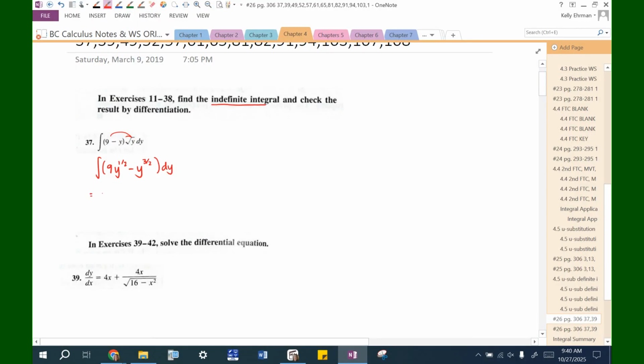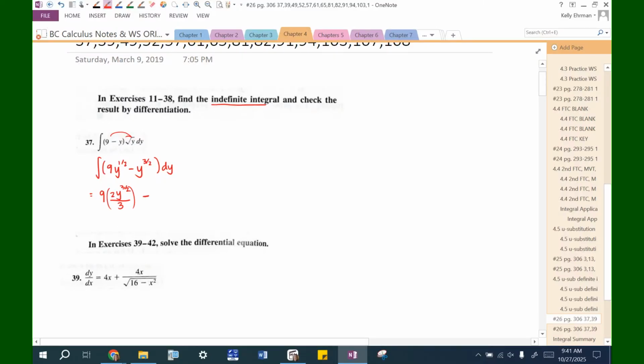And now I can integrate. So this is 9 times y to the, add 1 to that, 3/2, divided by 3/2 or times 2/3, that's the first term, boom.